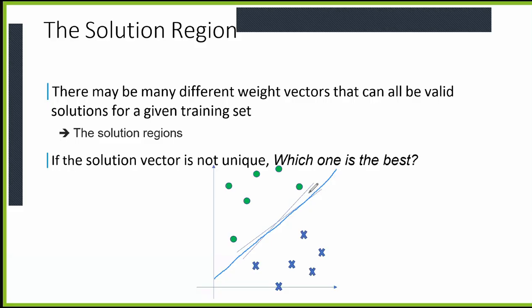Then there's some slack here, so even though the test data point is closer to the decision boundary, it would still be classified correctly. So this is an example of why arriving at this good, best decision boundary is practically important when dealing with the test data set.